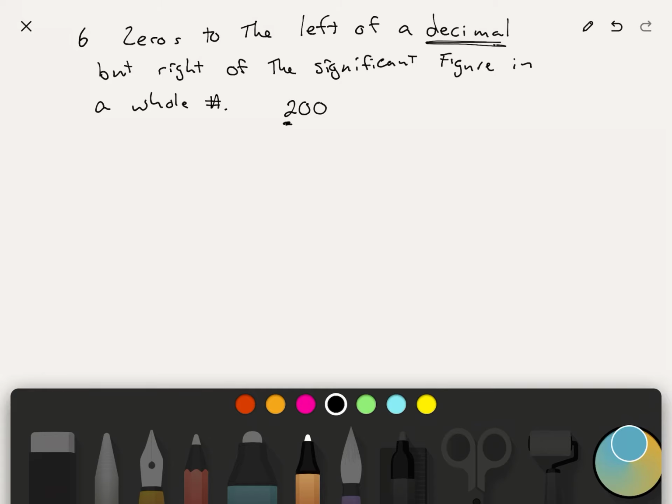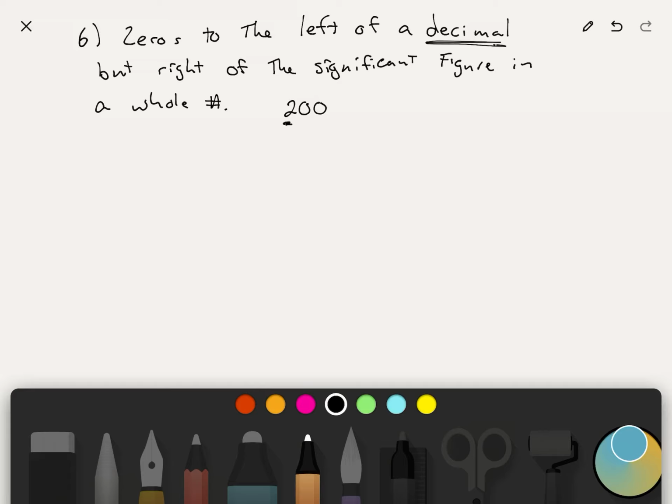We know that the 2 here is significant because of rule 1. It has one significant figure there. Now these 2 zeros are not significant. They're essentially just placeholders like we had in rule 4, just on the other side of the decimal. It's saying that, hey, we measured to the 100 spot, but we didn't check the measurement beyond that.